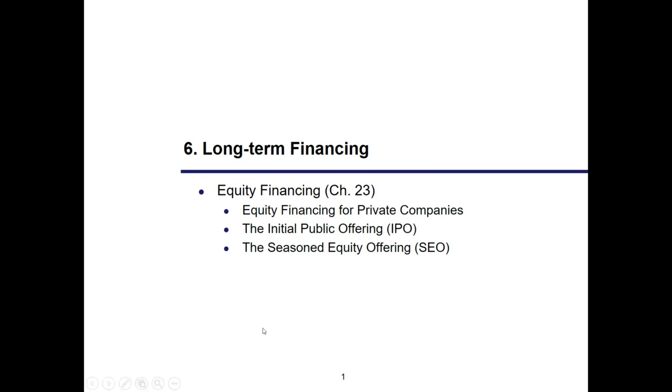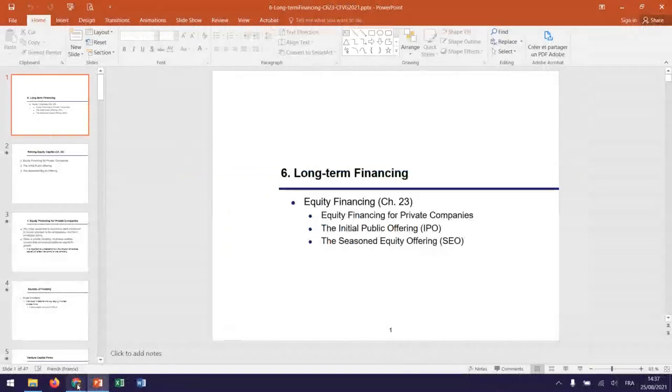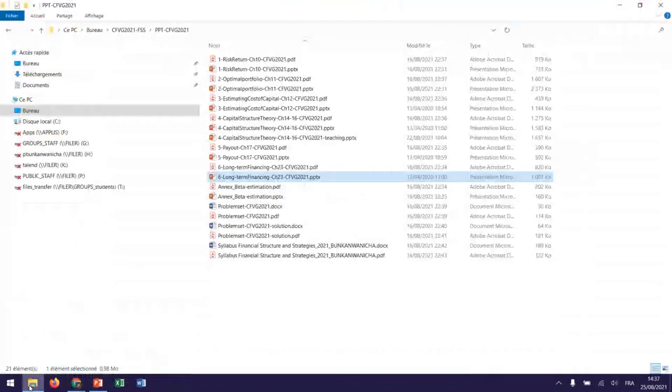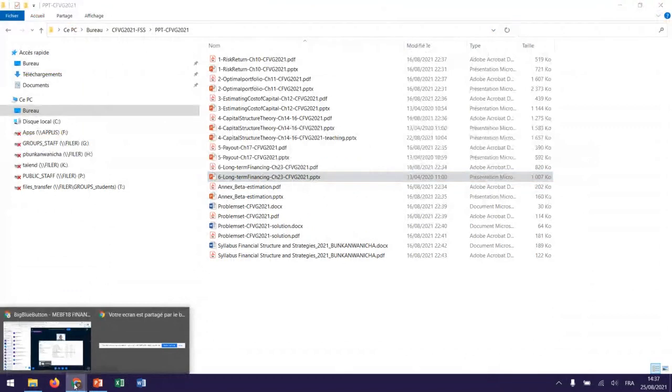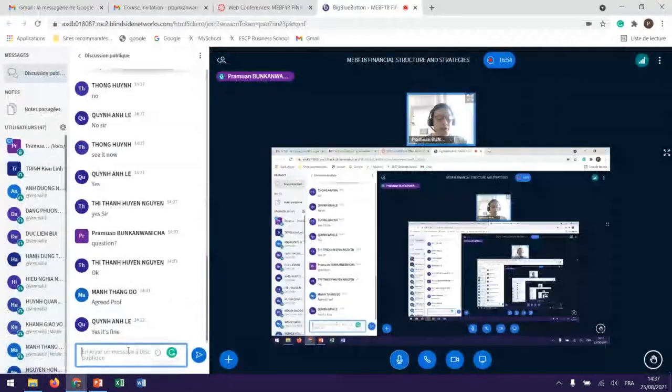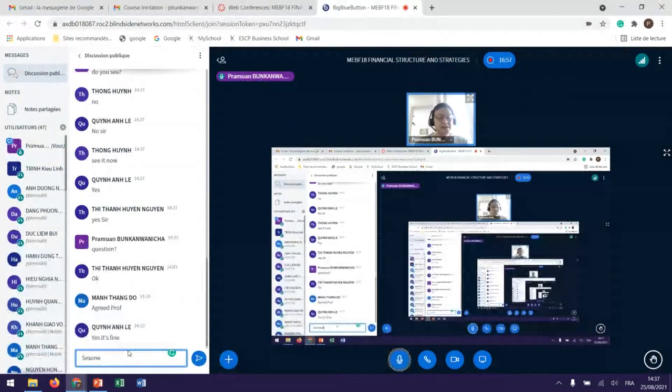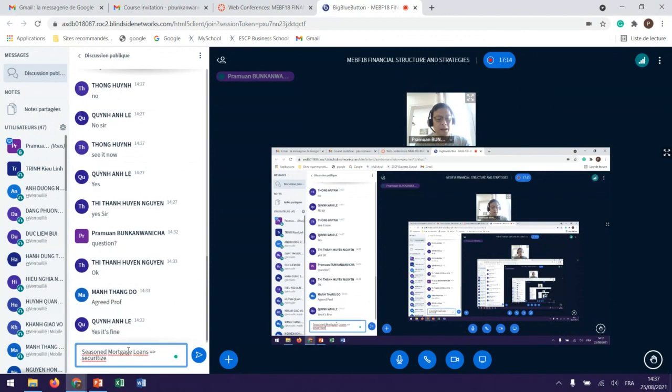Some people may know about, for example, the loan that you use for securitization. Okay, we often use seasoned mortgage loans to securitize and to issue a particular type of financial security.